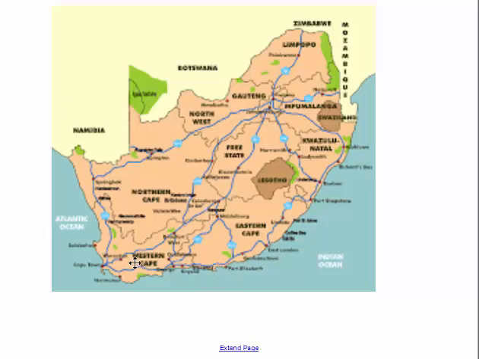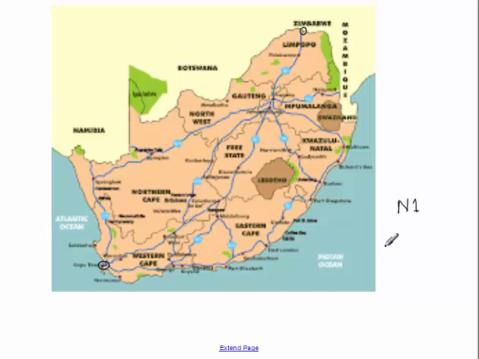For example, let's look at one of the major national roads, National Road number 1, the road which starts from Cape Town to the border in the north at Beitbridge. Here's the road, seen here as a kind of curve in blue.